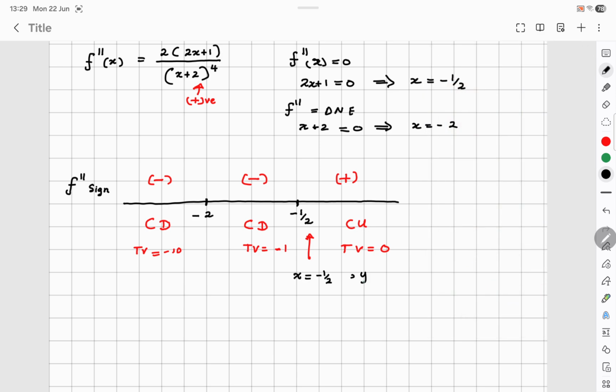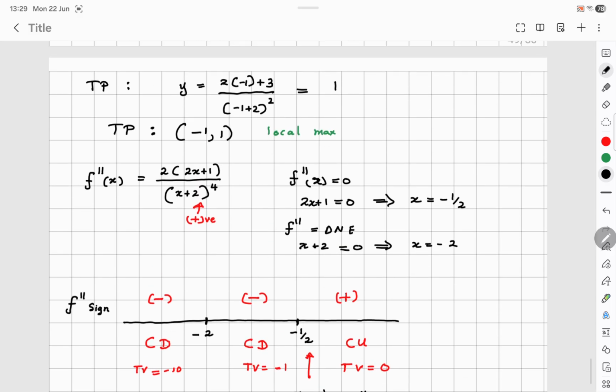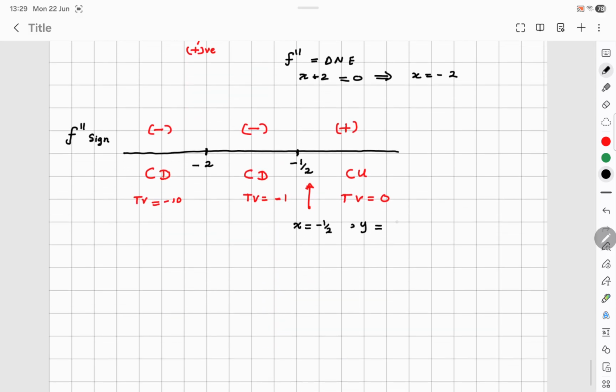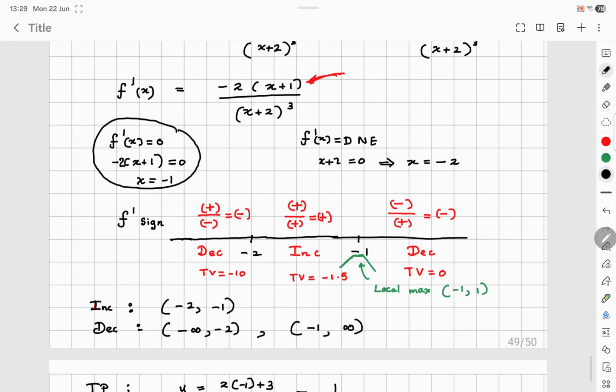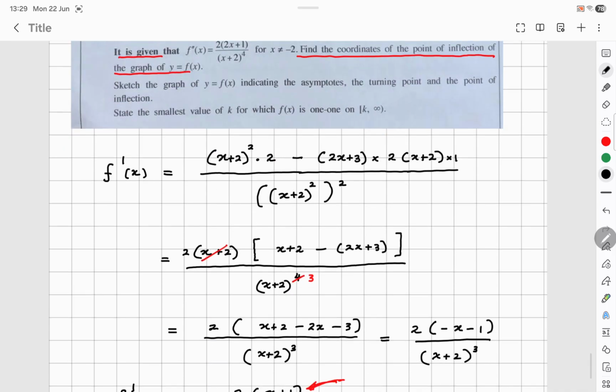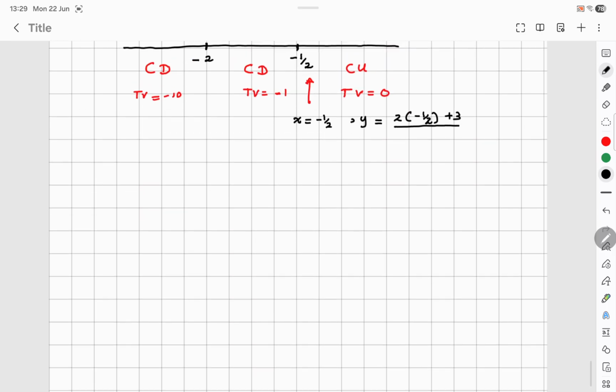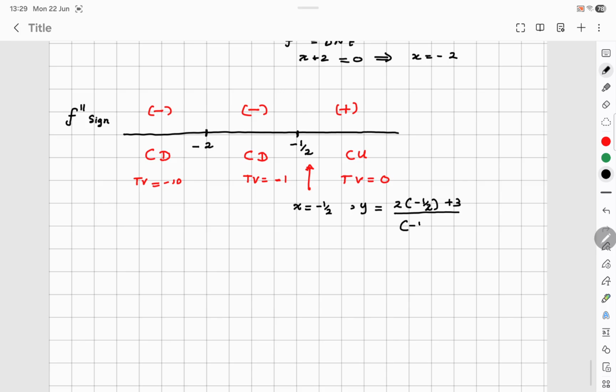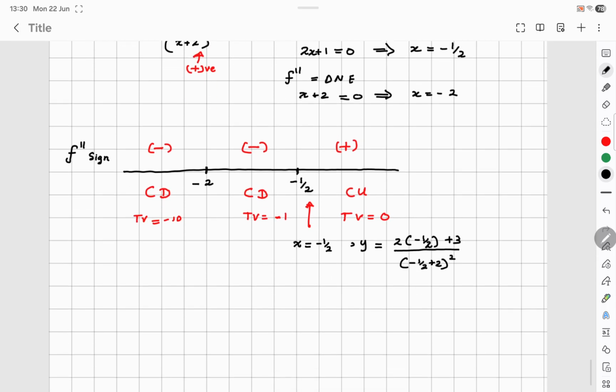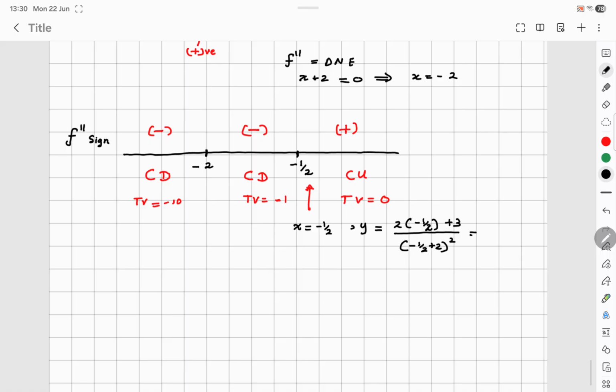What is the y value? Substitute into the function: 2 into minus half plus 3, over minus half plus 2 squared. So what do you get? -1 plus 3 is 2, over 1.5 squared.